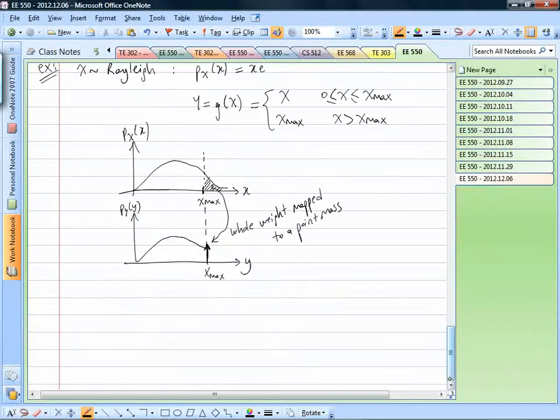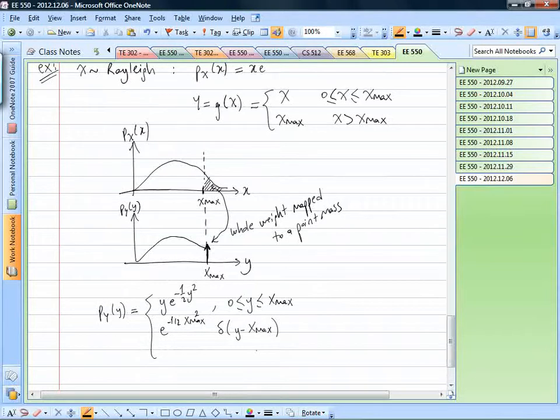Now let's write down p sub y of y, because that was the requirement for the example. It's y e to the minus 1 over 2 y squared if y is between 0 and x max, and the other part is going to turn out to be e to the minus 1 over 2 x max squared delta of y minus x max.